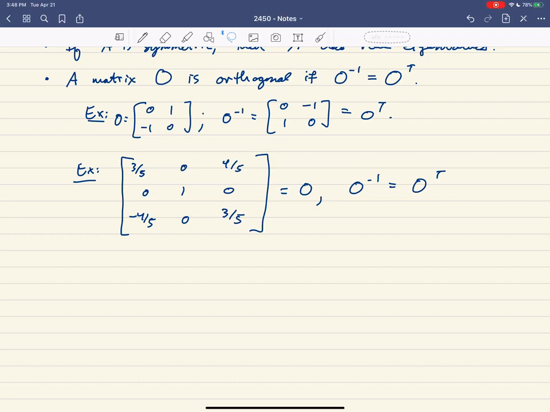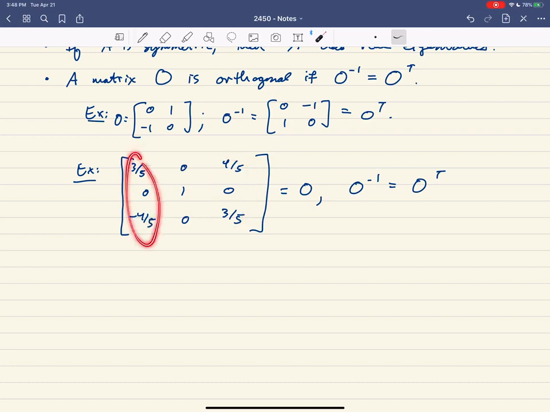There's a lot going on here, but I want to point out a few things. If I think of these as vectors, these should look decently familiar. These vectors have a few properties, namely that they're orthogonal as vectors. If I were to take the dot product of any two of these vectors, say the first and the last, we would get 0.